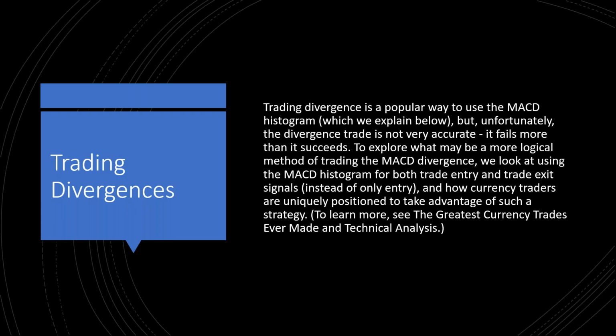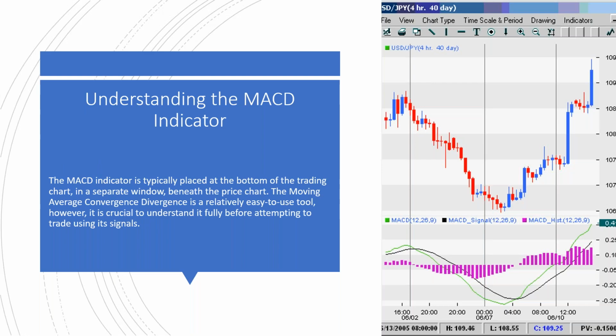Divergence is a popular way to use MACD and the MACD histogram, which we're going to learn how to use this evening. But before we can understand how to use MACD, we have to understand where all the lines come from and how it's actually put together and constructed so that you can help spot inaccuracies or problems or market divergences.